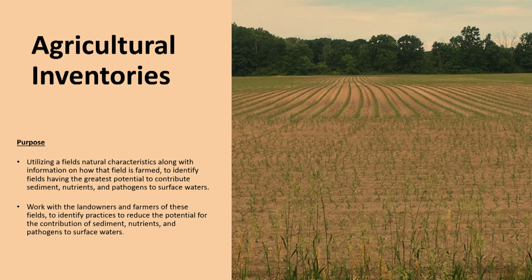Those are the things that are going to impact what's the potential for those fields to have an impact from sedimentation to nutrients to E. coli, impacting surface waters. And then the other purpose was to collect this information for, like the local conservation districts, NRCS, to basically use this information when they're going to be working one-on-one with farmers to get practices on the ground.